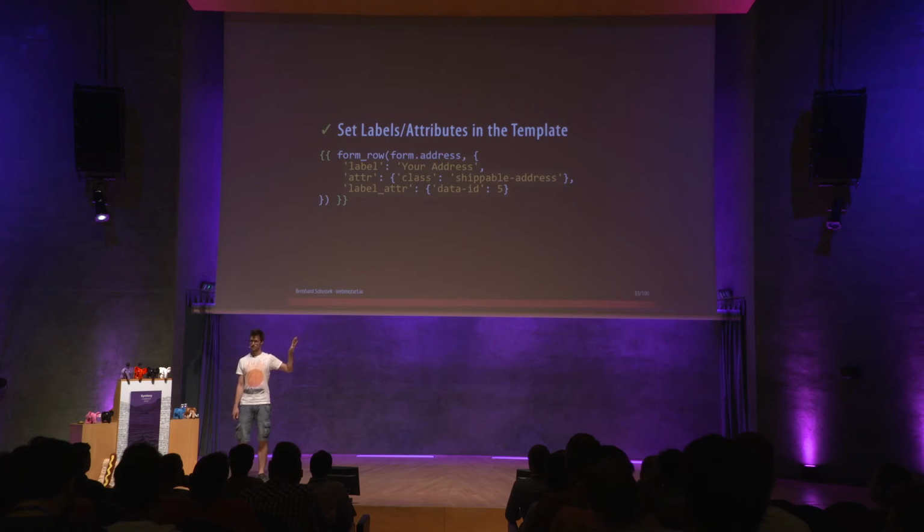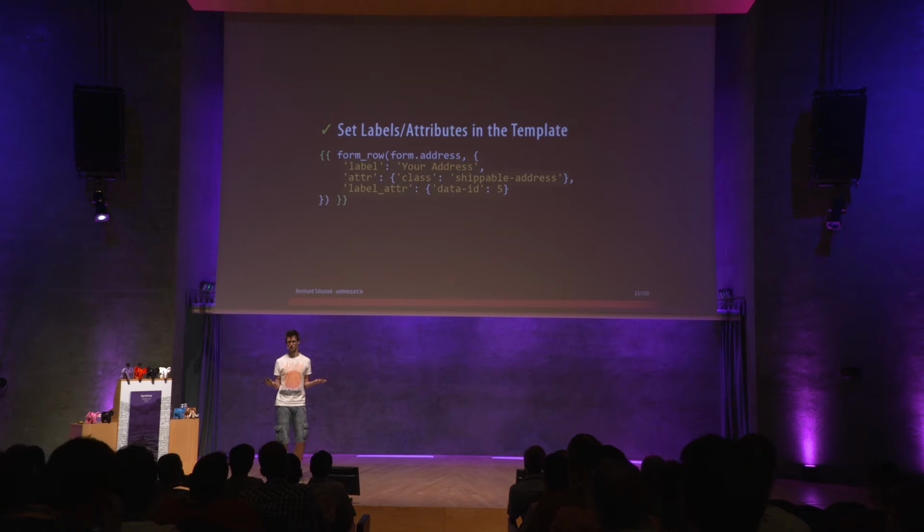We feel comfortable in PHP code, so we would like to do everything that we can in PHP code. The problem is that this is information that our front-end developers need, and maybe they want to change it. If we do that in PHP code, our front-end developers have no way of changing that information, right? So any information that you need in the view should also be configured in the view.